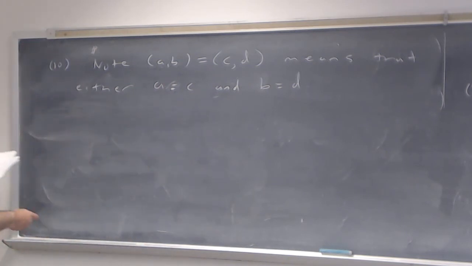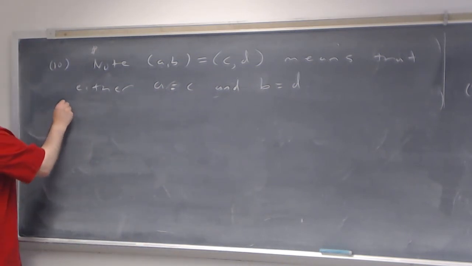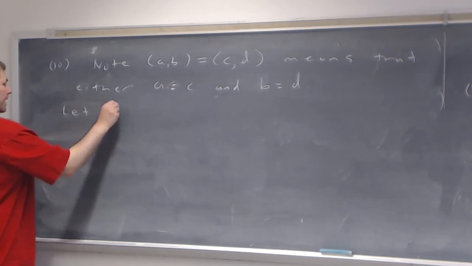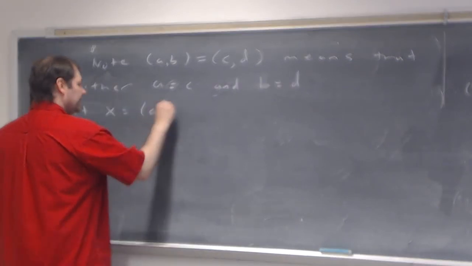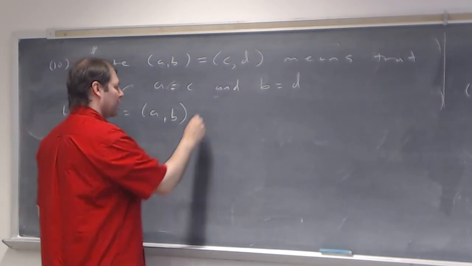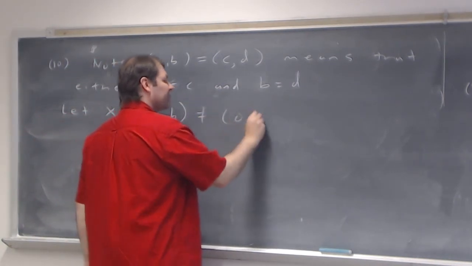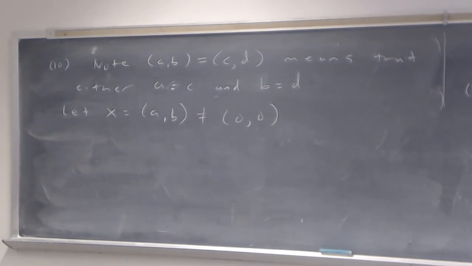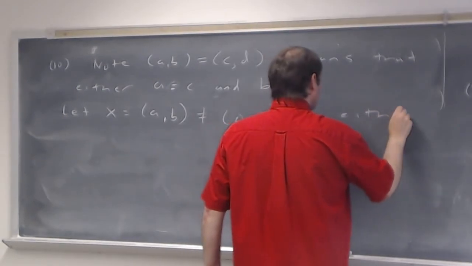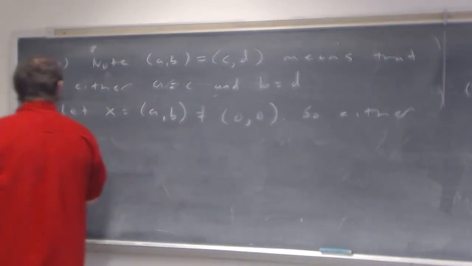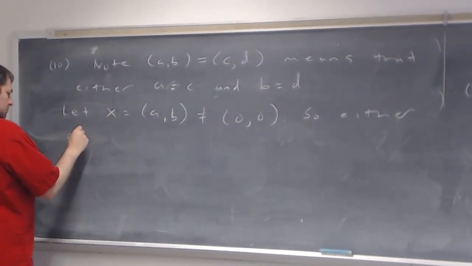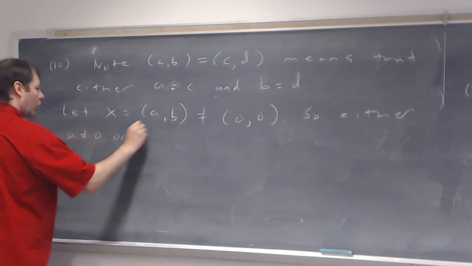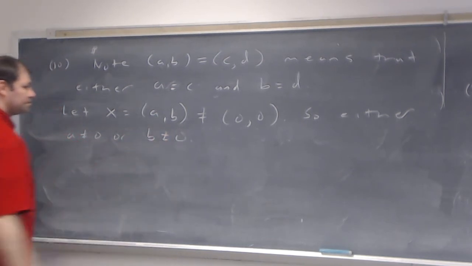Okay? So we're going to let x be equal to A, B. So same generic complex numbers that's different from 0, 0, the additive identity. So that means either A is non-zero or B is non-zero.